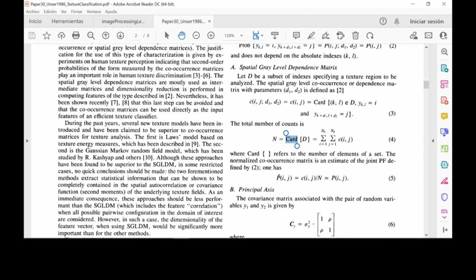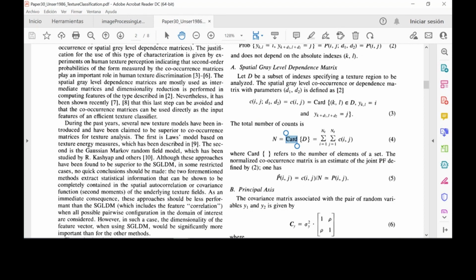And then you are counting this C, which is a cardinal. Cardinal is a count: how many times something happened. So it is how many times a given pixel is i, and then the lag pixel is j.